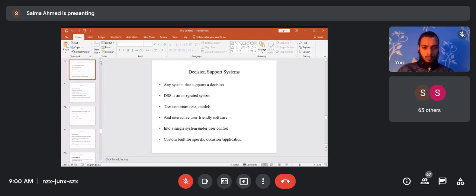They could also be finance oriented data. So data could be related to human resources. Data could be related to the production system, how much inventory you have, how many units you have produced. Data could be related to marketing.